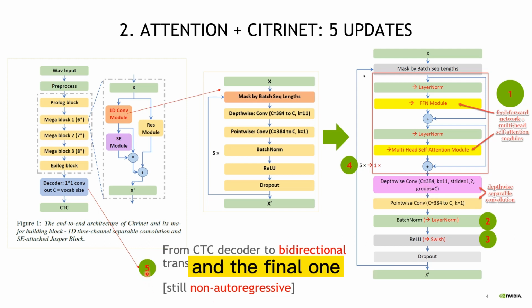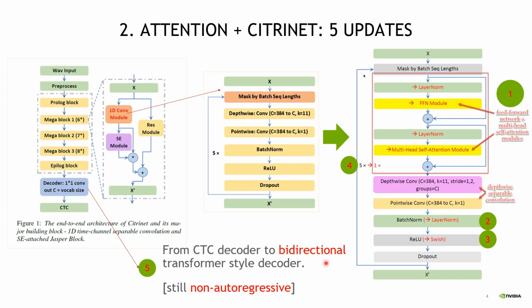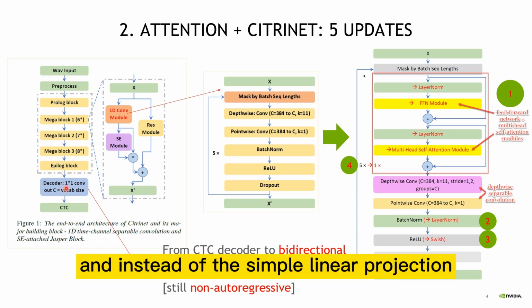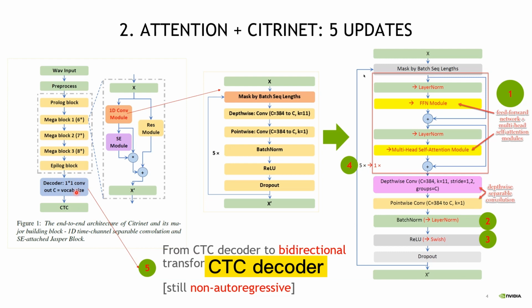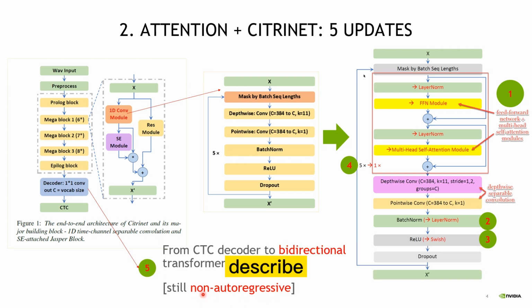And the final one, the fifth update, is that we use bidirectional transformer style decoder instead of the simple linear projection CTC decoder. And this is still a non-autoregressive architecture, so we will describe the details of this idea hereafter.